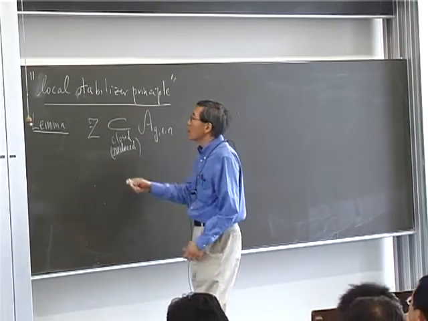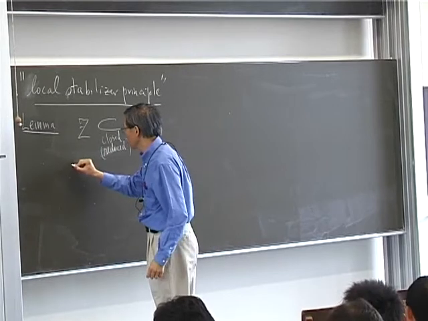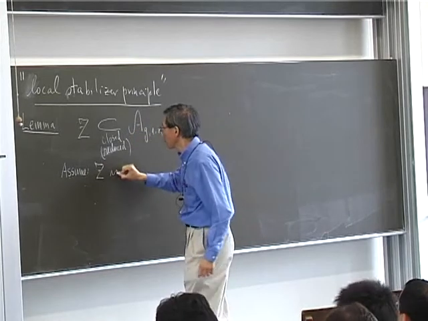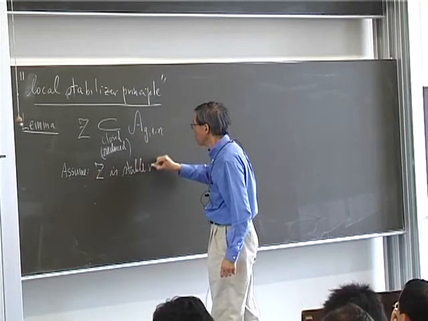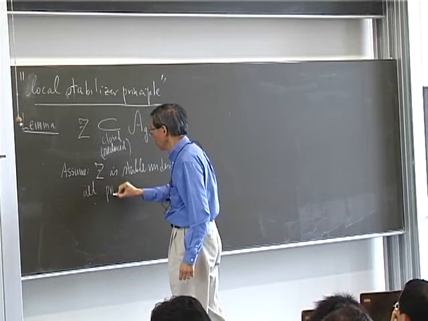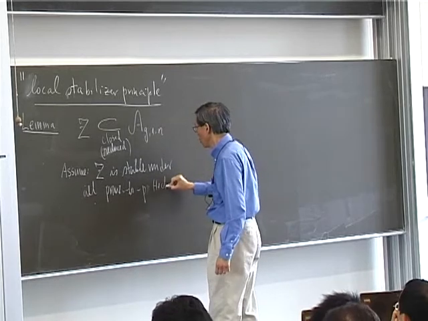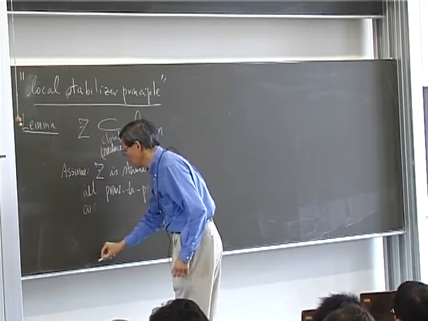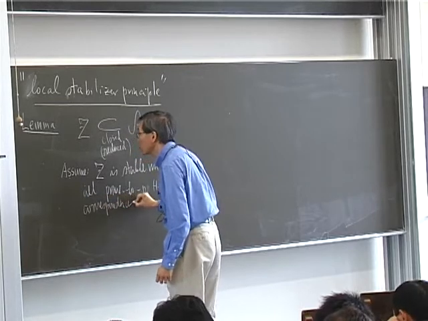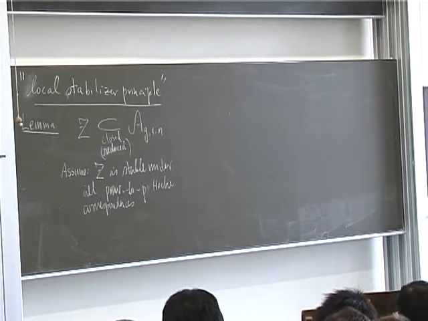Now, I will make one assumption. So assume that Z is stable under all prime to P Hecke correspondences. And we'd like to draw some conclusion out of this assumption.